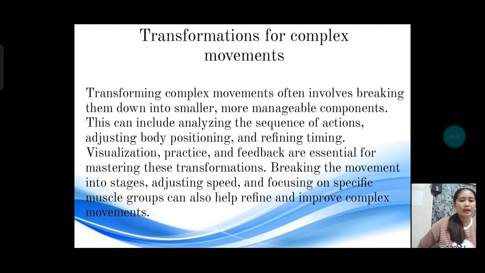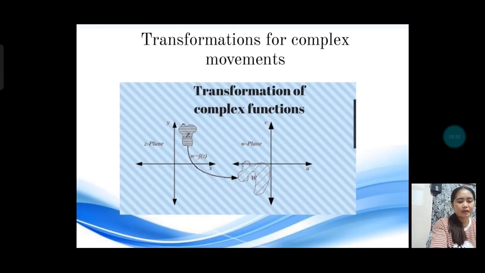So, a complex function is usually written as w equals f(z), where w is referred to as the image of z, and f is the transformation function which maps the complex plane z to w.